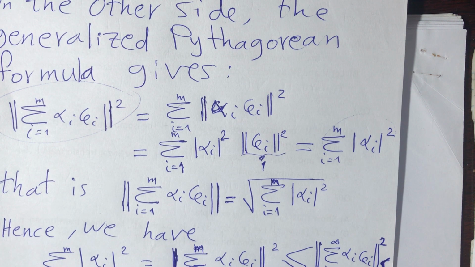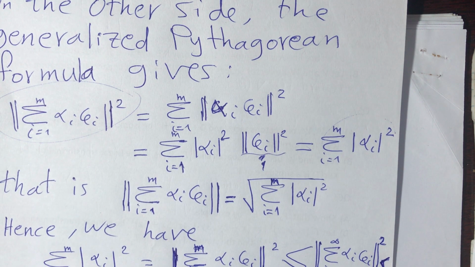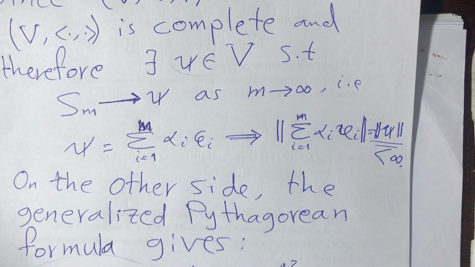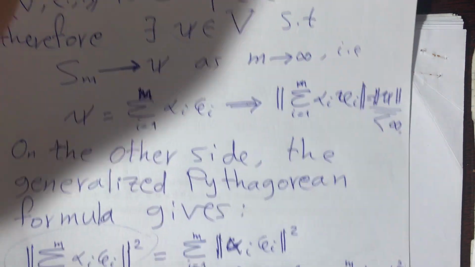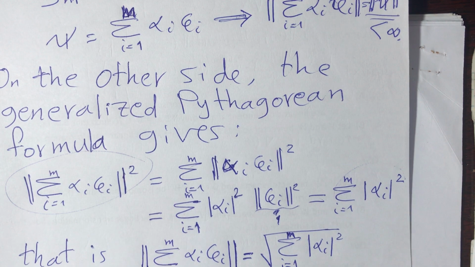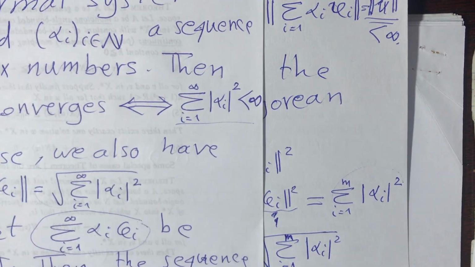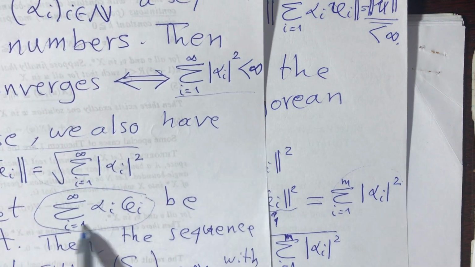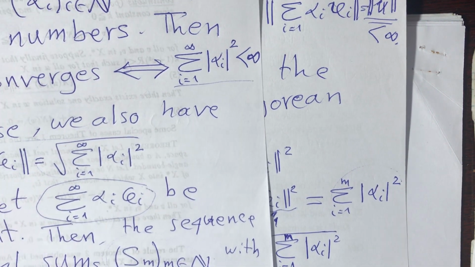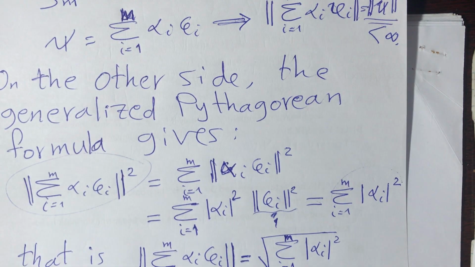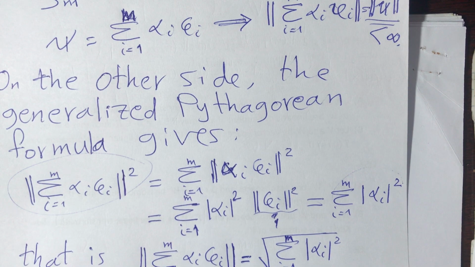Why is this less than infinity? Because we assumed at the beginning that this is convergent, so it will be less than infinity. This is page number 2.